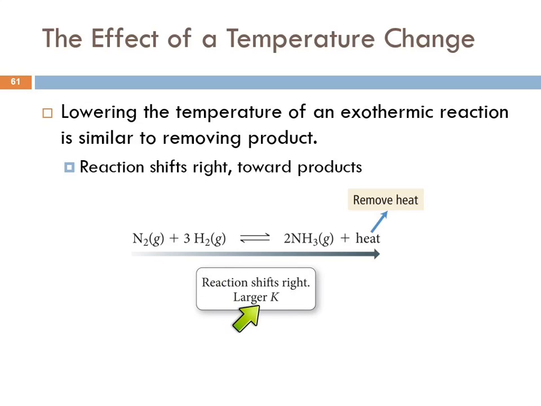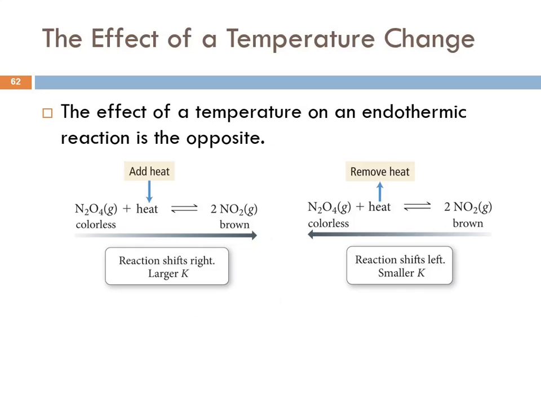And so K gets bigger for an exothermic reaction when you lower the temperature. It favors the products, and it favors the reactants, smaller K, if you raise the temperature. It's the opposite with an endothermic reaction.